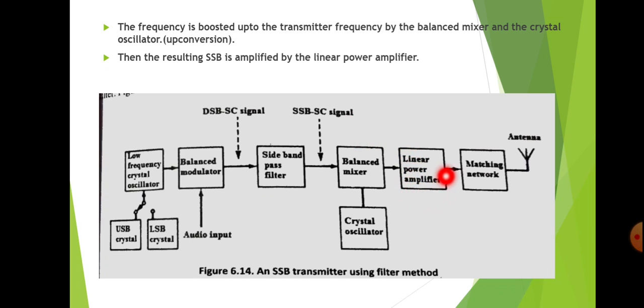That is why we are using the linear power amplifier, and then it is given to the matching network, which is used for impedance matching, and then the signal is transmitted through the antenna. That is the block diagram explanation.